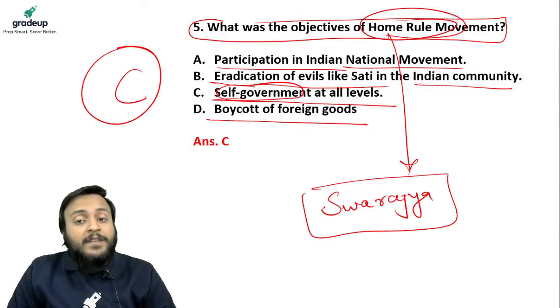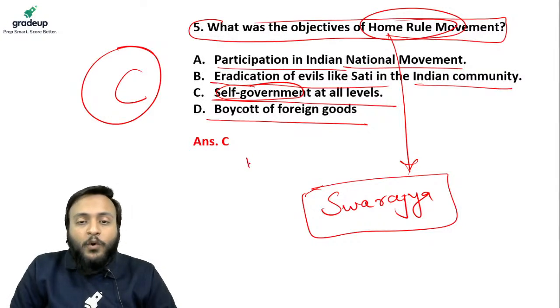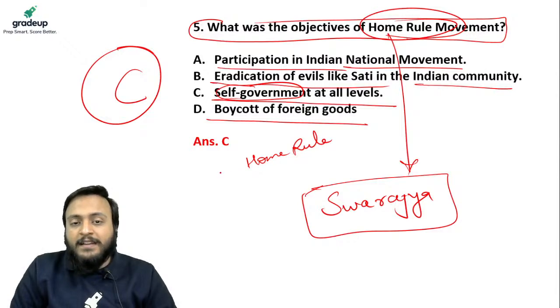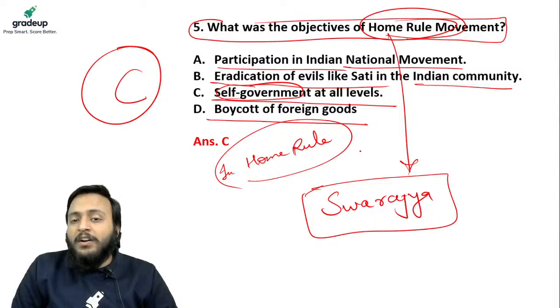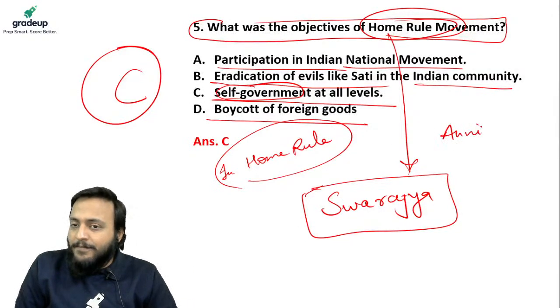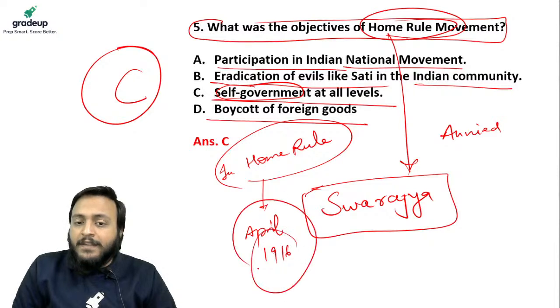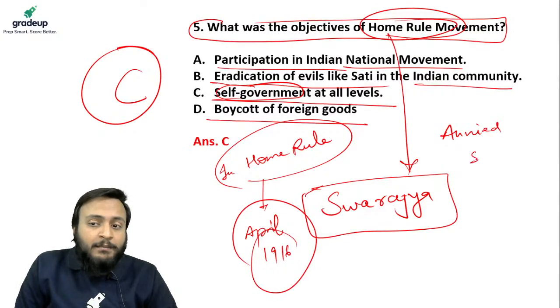This was the declaration of Bal Gangadhar Tilak, who was the founder of the Home Rule League. The Indian Home Rule League, or All India Home Rule League, or Home Rule League of India, was founded by Annie Besant. Tilak founded his in April 1916, and Annie Besant founded hers in September 1916.